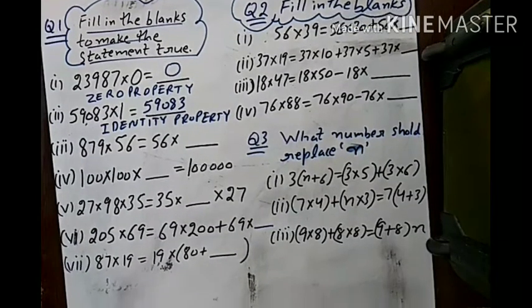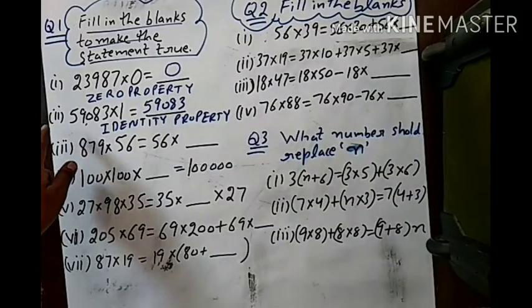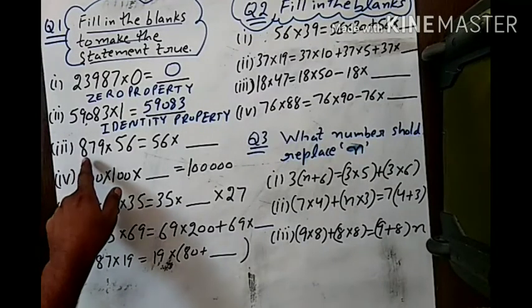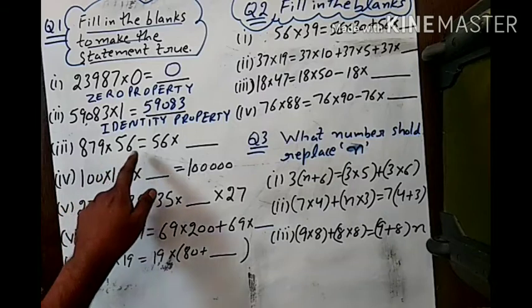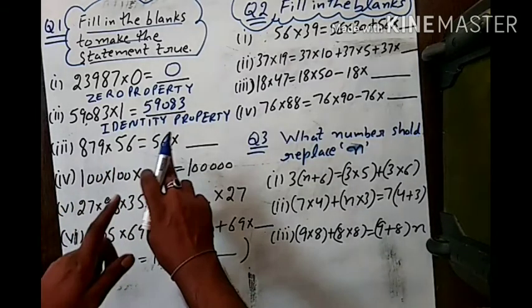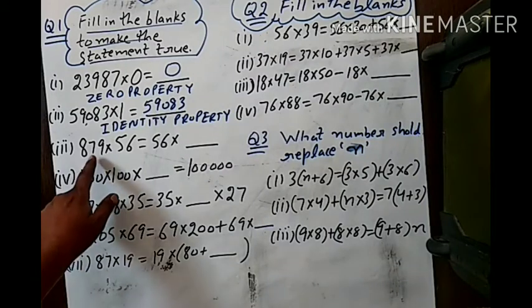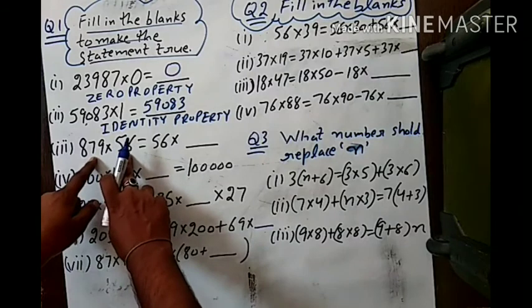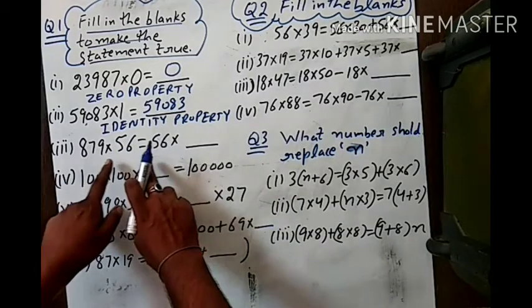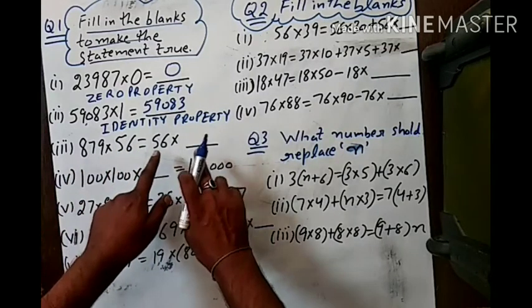After that, the third part: 879 multiplied by 56 is equal to 56 multiplied by which number? You will see this is the first number and this is the second number on the left hand side.